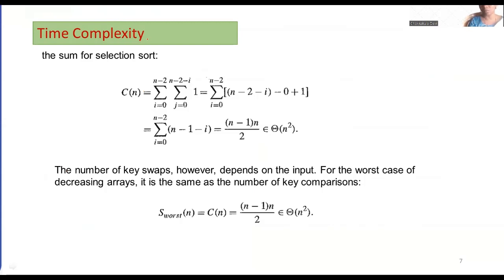For finding the time complexity of bubble sort, we need to find out the basic operations we are performing. Here we are performing 2 operations actually: one is comparison, and the second one is exchanging, that is swapping.